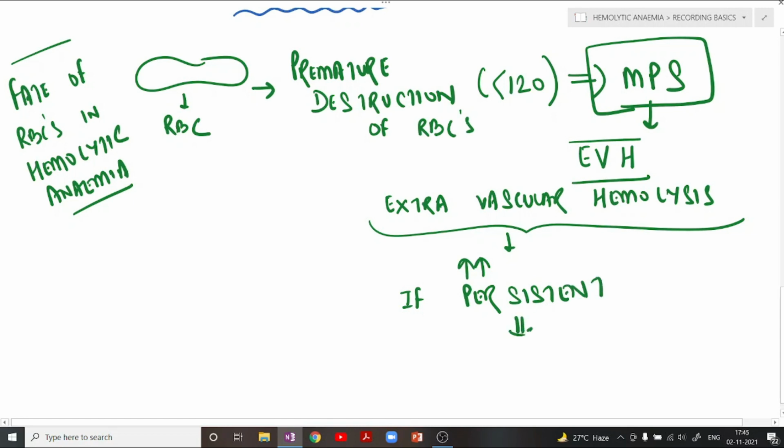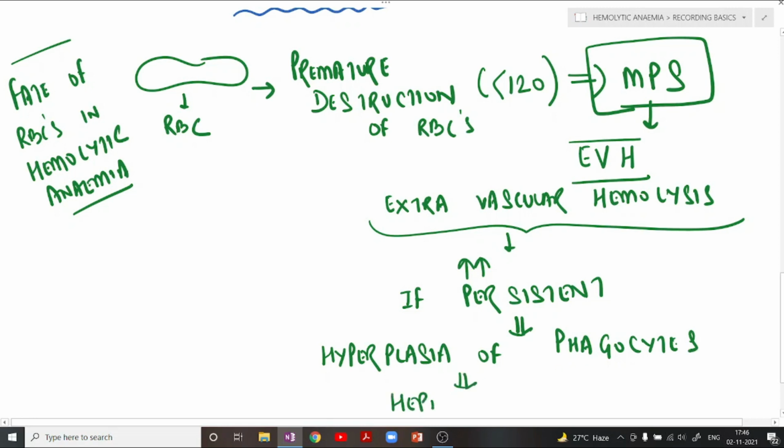If there is excessive destruction of the RBCs, more phagocytes will be required for carrying out phagocytosis of these RBCs. So this is going to lead to hyperplasia of phagocytes in the MPS.